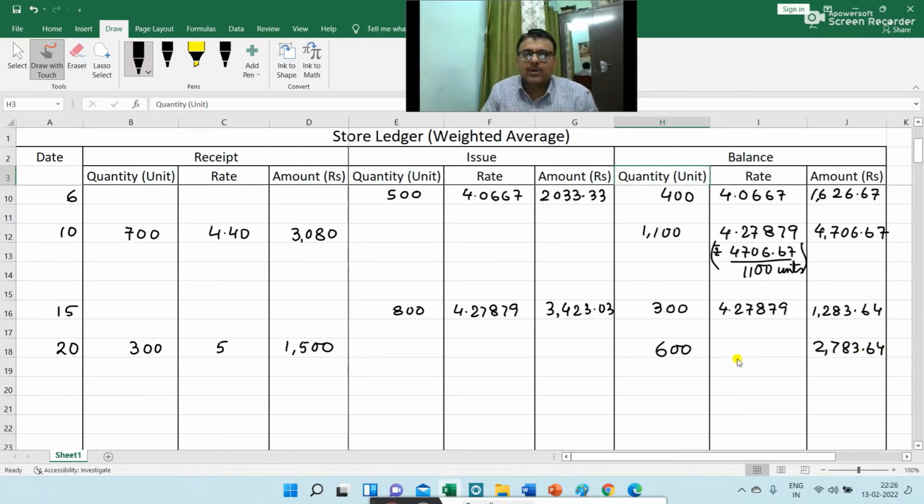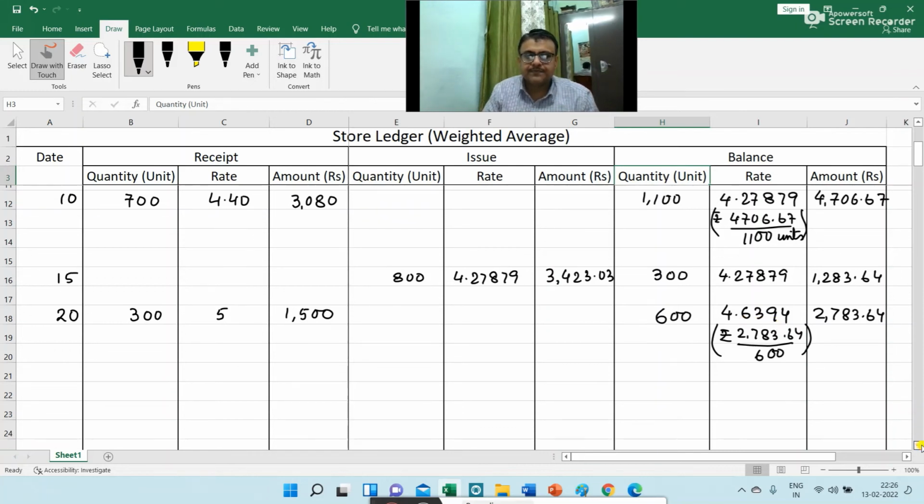Now you need to find out the rate of these 600 units. So this will be 4.6394, that is 2,783.64 divided by 600 units. So you will get this rate, 4.6394.